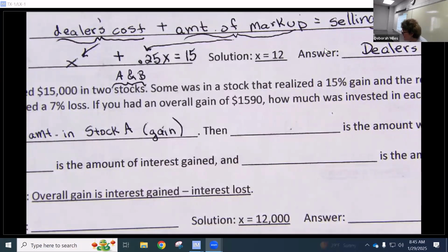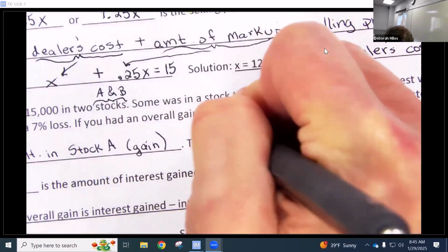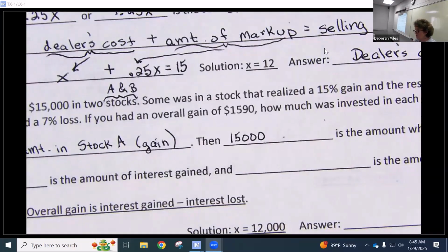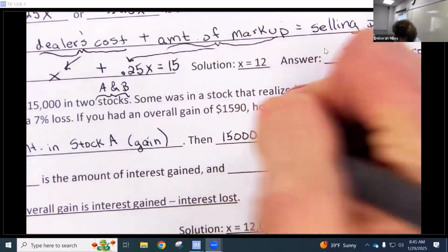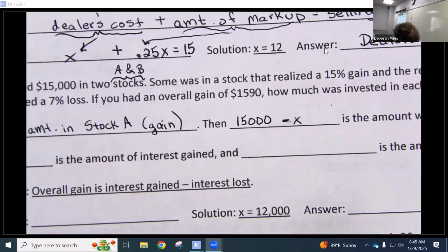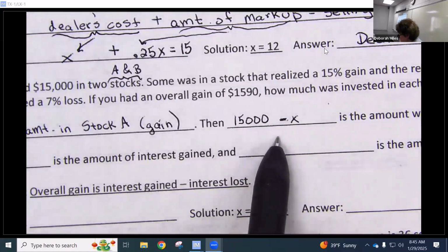Beautiful, 15,000. You had $15,000 in all, you put X of it in one account, you have 15,000 minus X in the other account. Now, that's your principal in each stock.